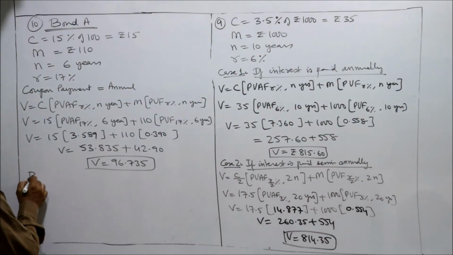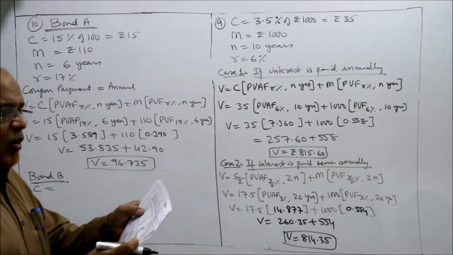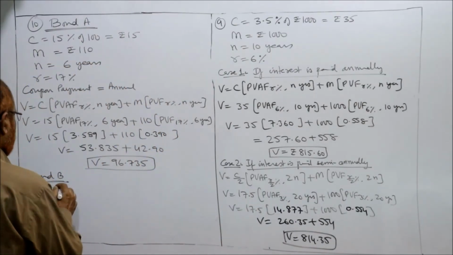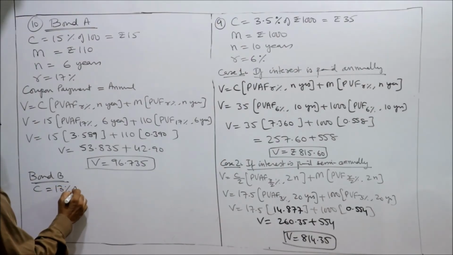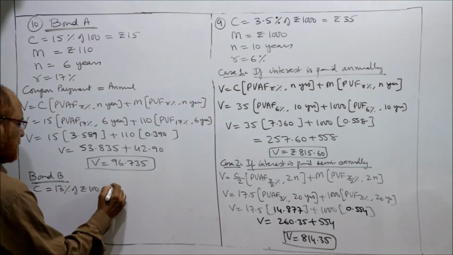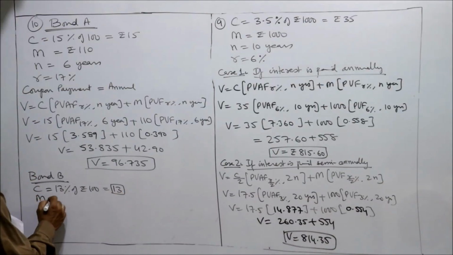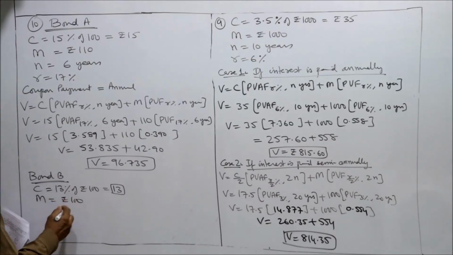Now we have to calculate for bond B. C is equal to, see the problem, coupon rate for bond B is 13%. So 13% of 100 rupees. Then M is equal to maturity value, redemption price, is rupees 100.